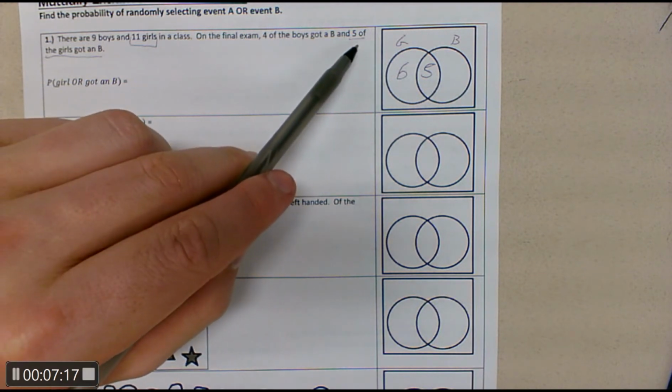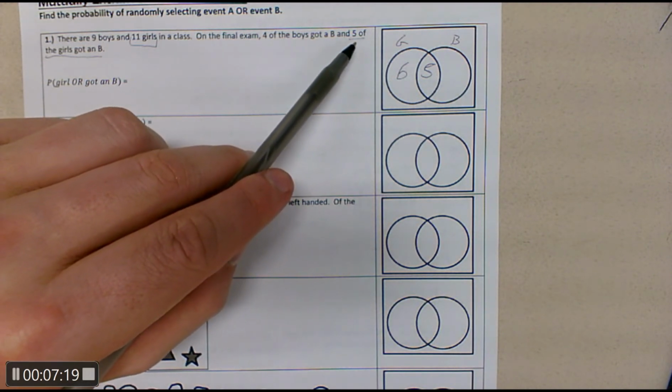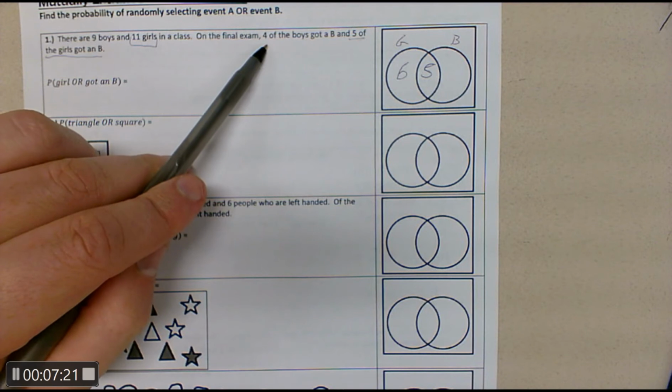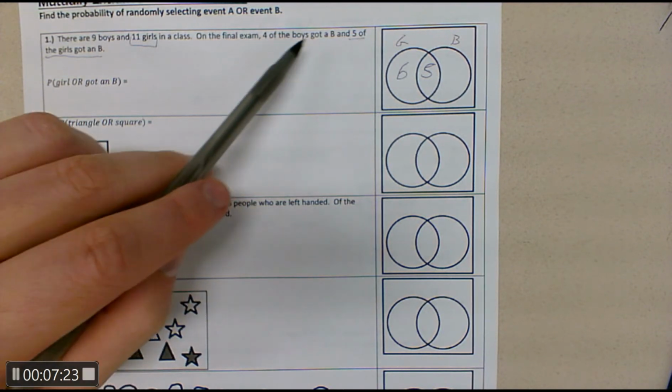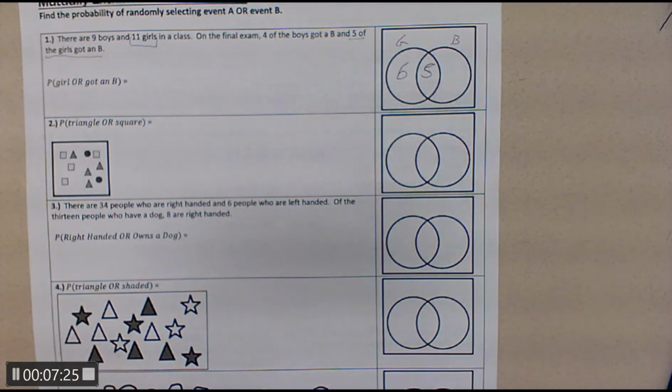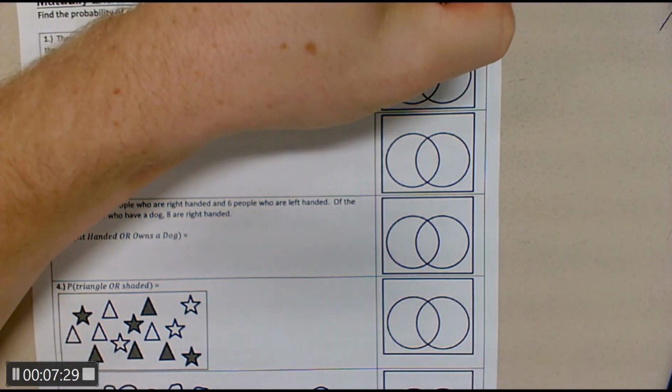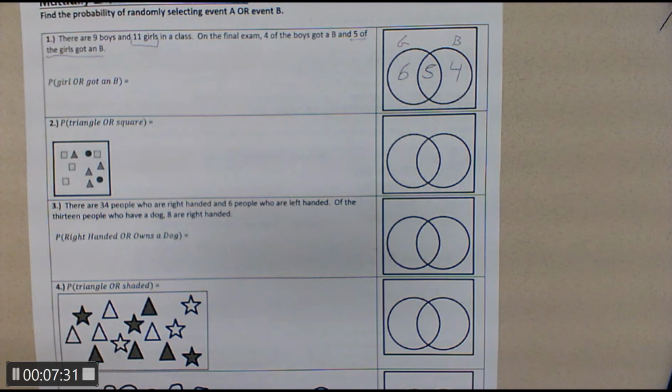So 5 girls got a B, plus another 4 boys. Those 4 boys were the group that got a B that weren't girls. So this side is going to be 4. And then I can fill out my sample space. My total number of students overall is 20.